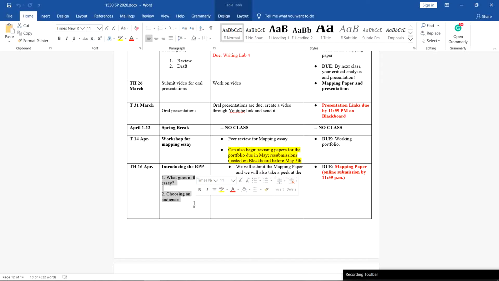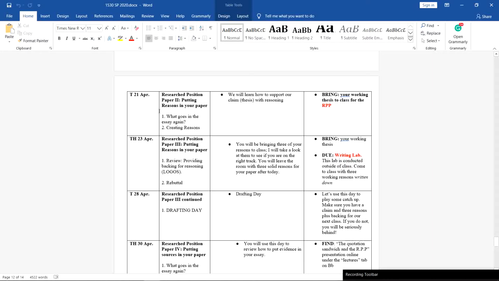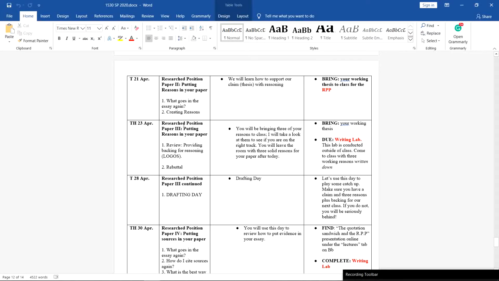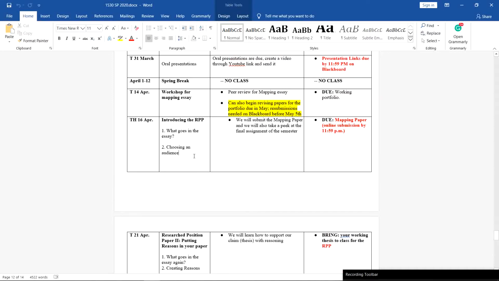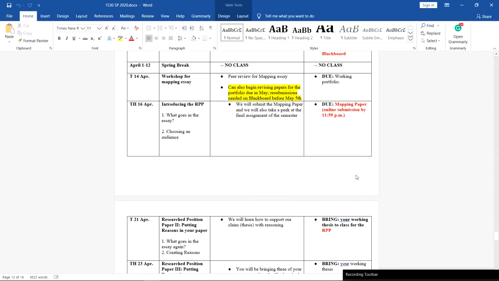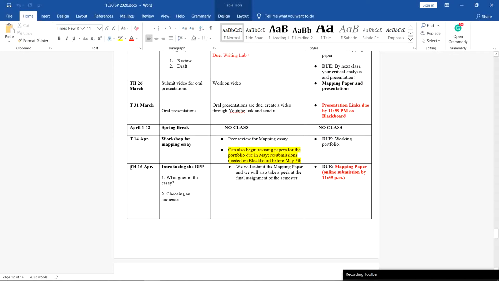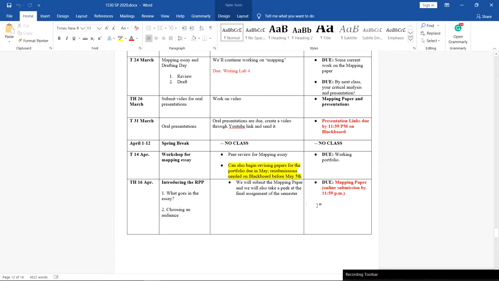Next week is when I will be going more in depth into the research positions paper, and I probably will talk about the sample and stuff next Tuesday. So today for Thursday is really just going over things briefly and getting a sneak peek, like I said.